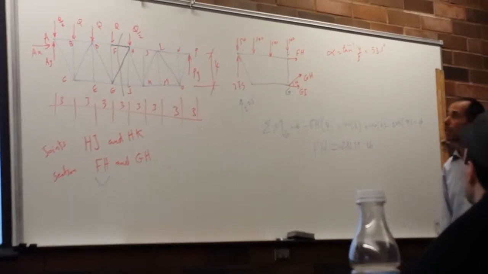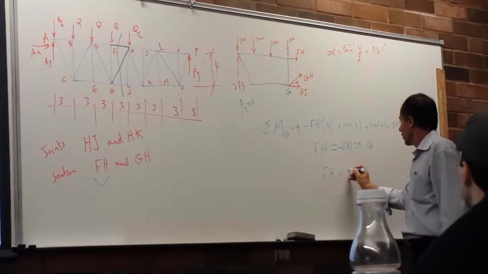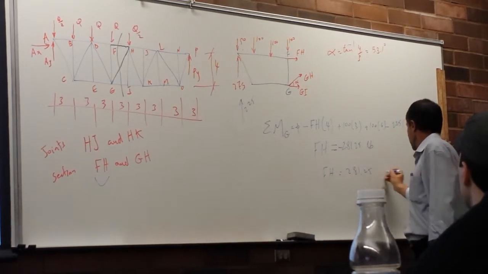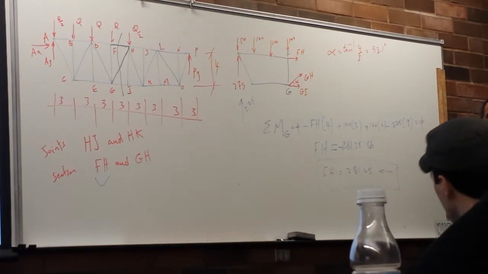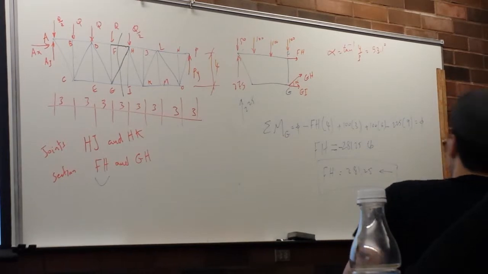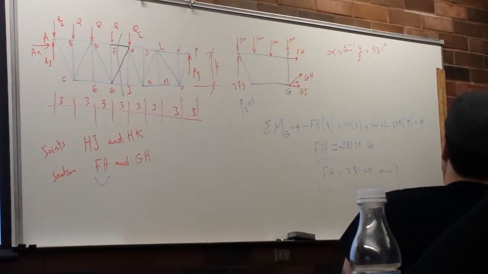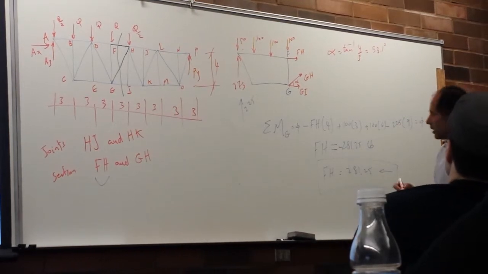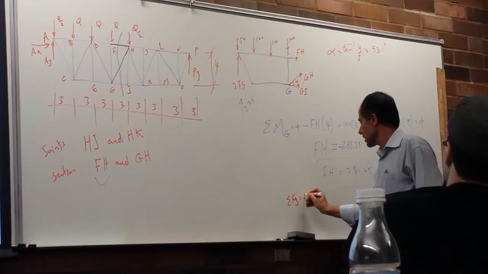Correct? Negative means FH equals 281.25 in this direction. Correct? Now, next, what should I do? Do I need to do sum of forces next? I just need sum of forces on y. The sum of forces on y equals 0.